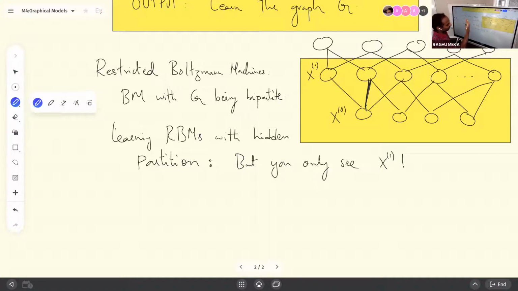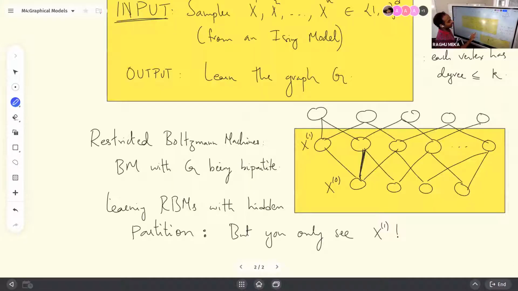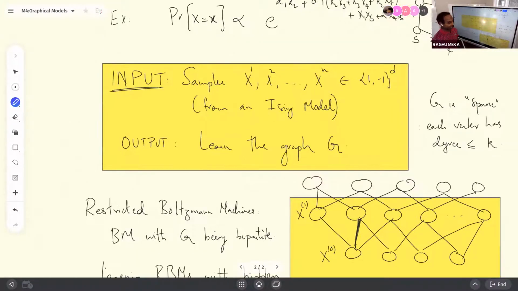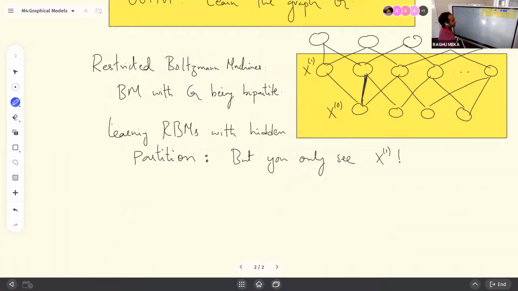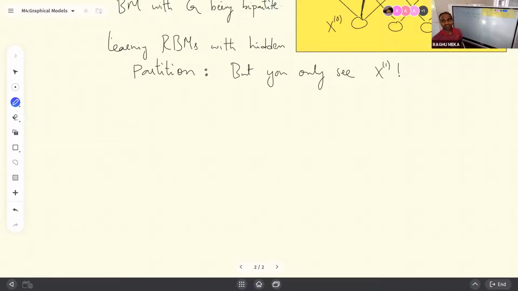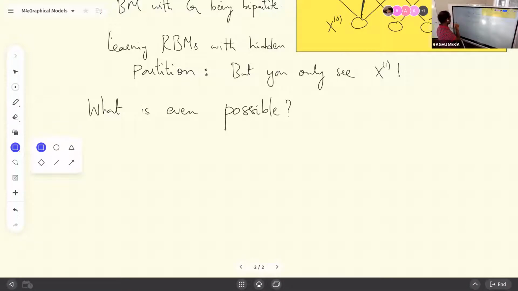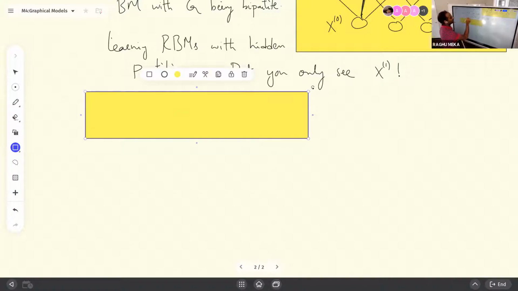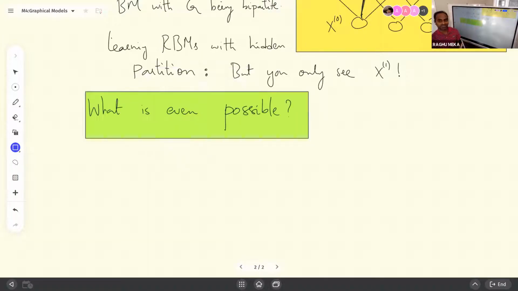Okay? Alright, so that's a bit of the history. And let's go back to our question, which is to learn this Ising model. And one more thing I want to say is, so what is the best possible scenario? So what is even possible? Meaning, there are many parameters here, right?